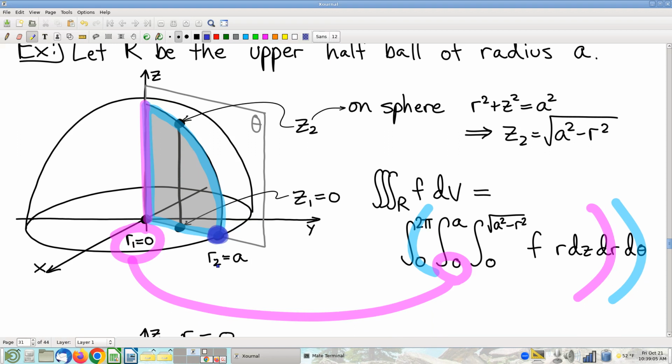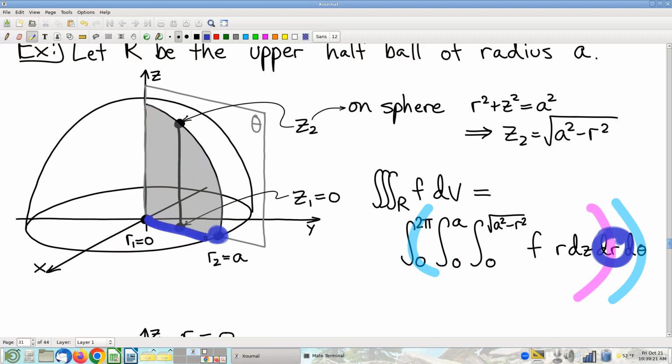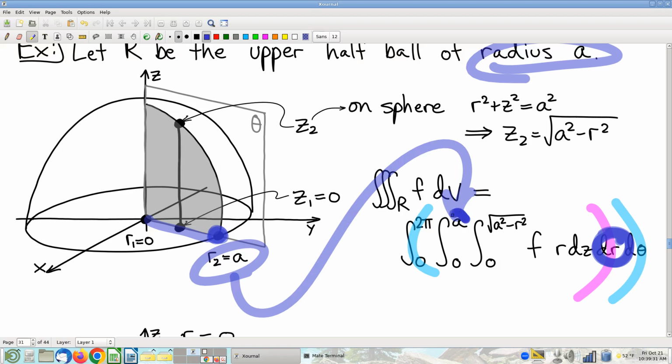By the way, what are we trying to solve for? It's easy to lose track. We're looking for values of R. Conveniently, at that point, I know what R is, because R is the radius of the half ball that we've been given, and so that is A. So our upper bound for R is A.